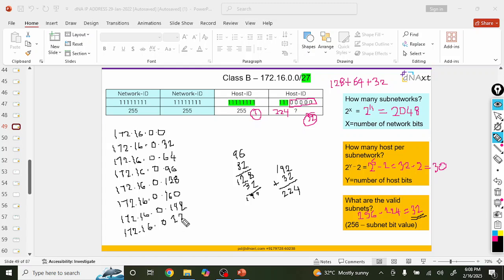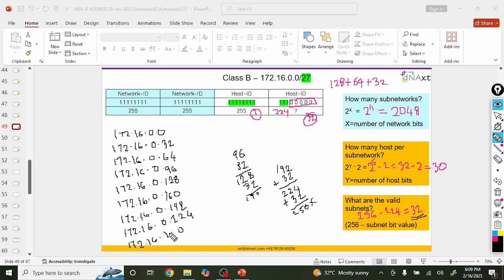If you add 32 again, you will get 256, which is not a valid IP address. So after 224 you cannot increment in the fourth octet. In that case, there will be an increment in the third octet and the fourth octet will become 0.